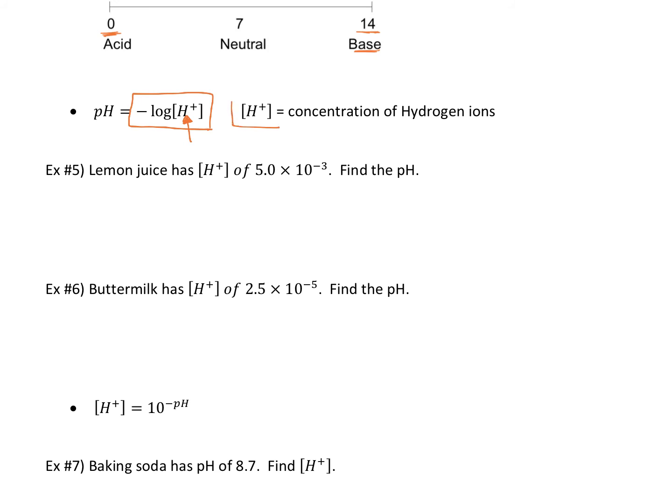So just know that's what this is. H+ is the concentration of hydrogen ions. Okay, so let's figure this out. Example 5, it says lemon juice has a concentration of hydrogen ions, H+, of 5.0 times 10 to the negative third power. Find the pH.